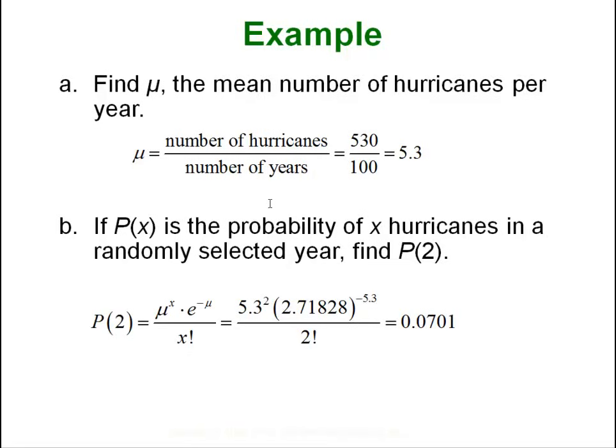So P of 2 is just mu, the 5.3 squared, times e to the negative 5.3 all over 2 factorial. You work it all out and it's 0.07. So there's a 7% chance of having exactly 2 hurricanes in one given year. And you might think, well, that's kind of small. But it is kind of small because this is the question of exactly 2, not 2 or more. So that's a totally different question.